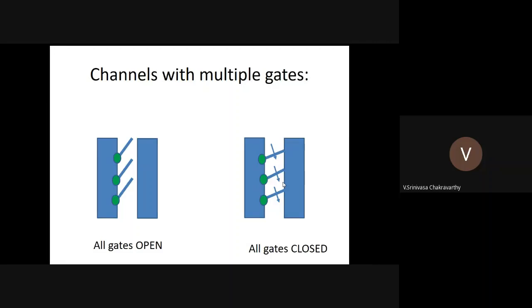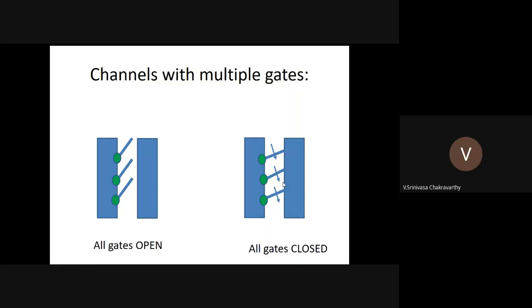The closing or opening of a channel can be imagined to be occurring at many points inside the whole pore of the channel. Those notional points inside the channel, which tend to close the mouth of the channel, are described as gates.